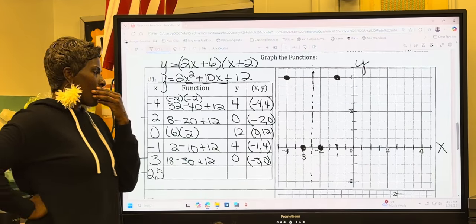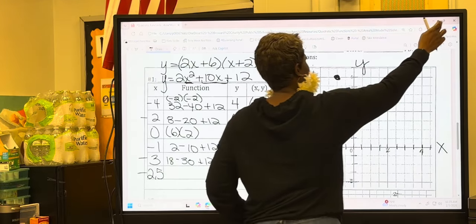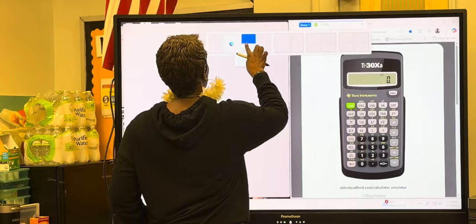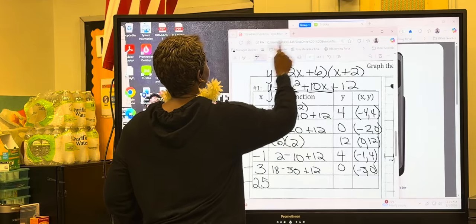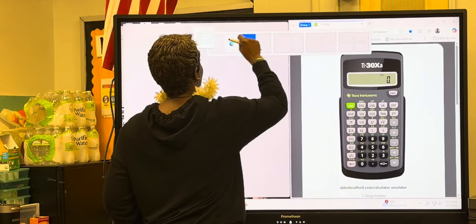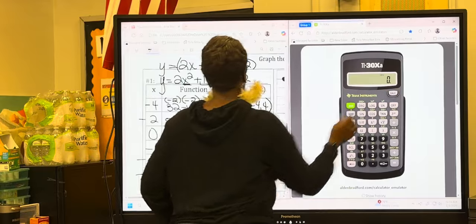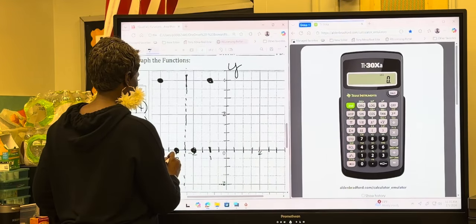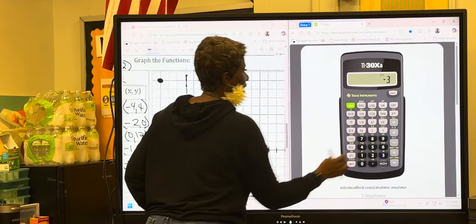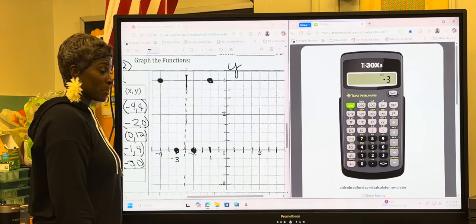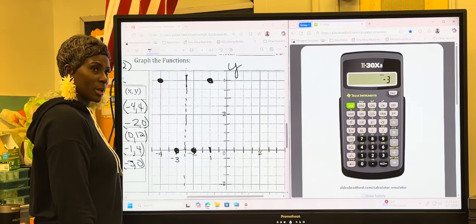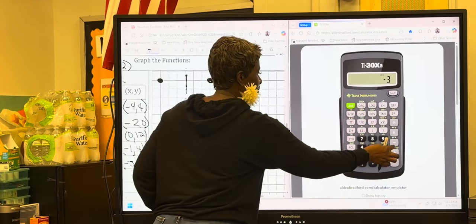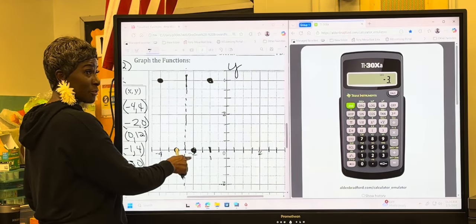Do me a favor. Put this in your calculator. For those of you wondering where we got that from, put in -3, because that's a -3. Plus -2.